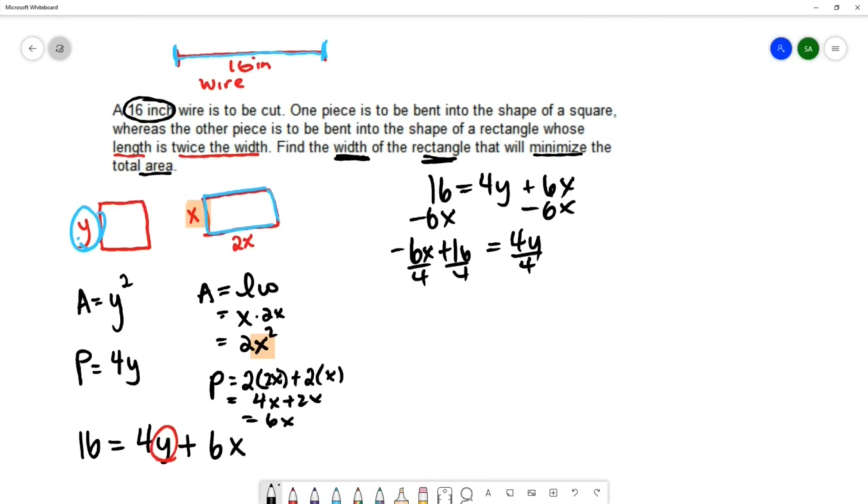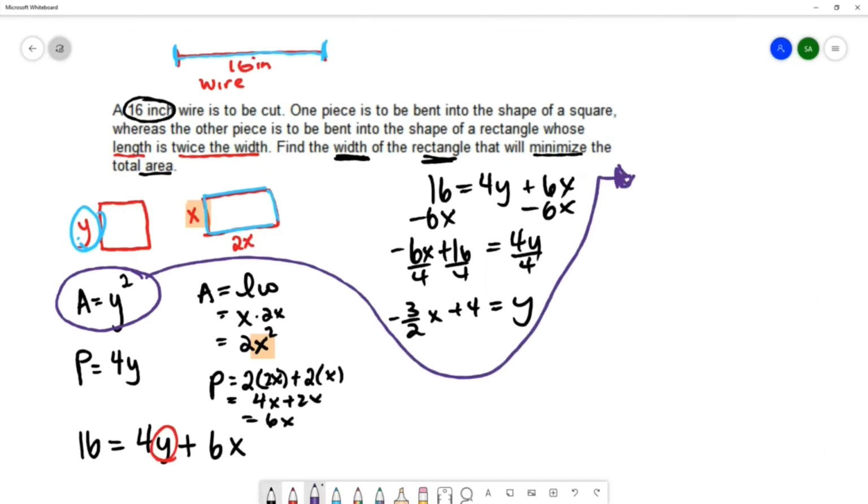And that gives me y equals negative 3 over 2 x plus 4. So now what I'm able to do is to rewrite the area function here as a function of x instead of y. So let's do that.